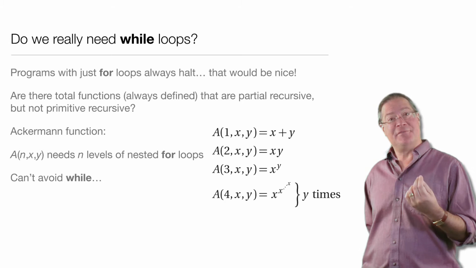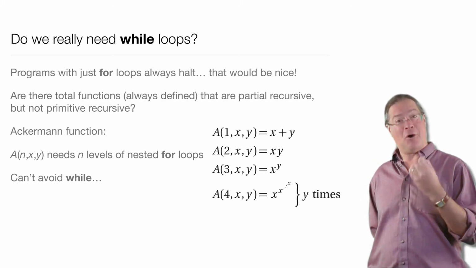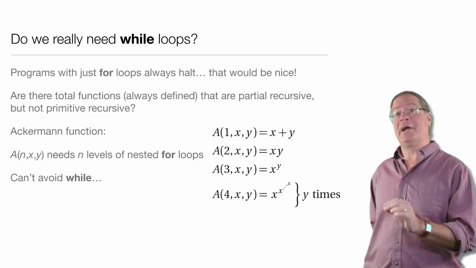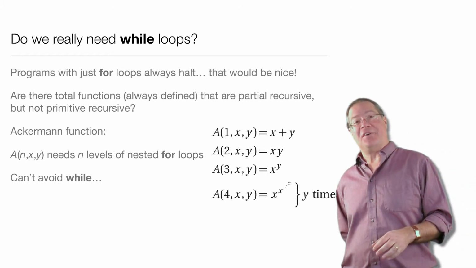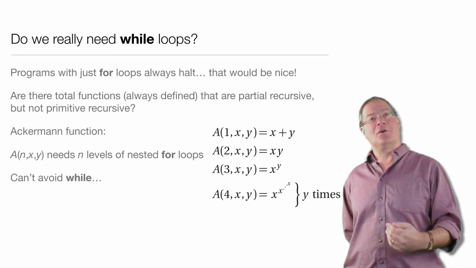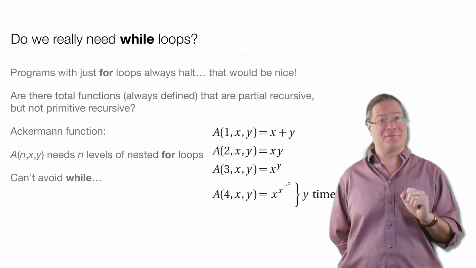So the Ackermann function is interesting. It is a total function. It is defined for all values of its inputs, and yet you need while loops in order to compute it. So what this tells us is that there are functions which are recursive and defined everywhere, but not primitive recursive.